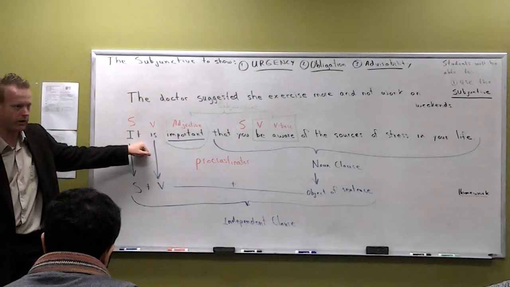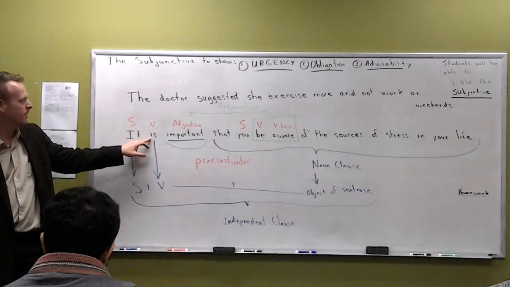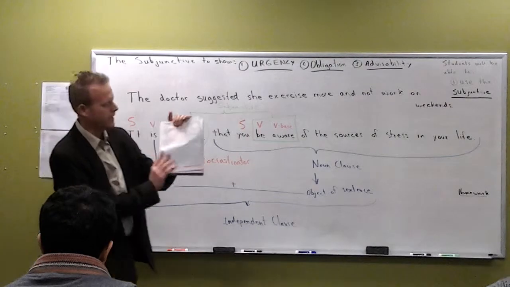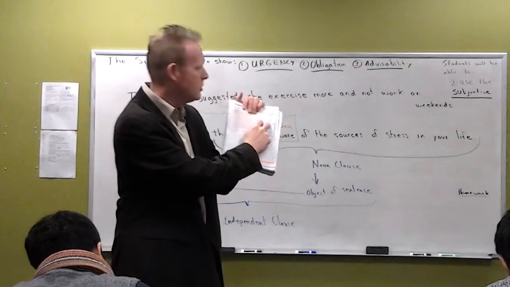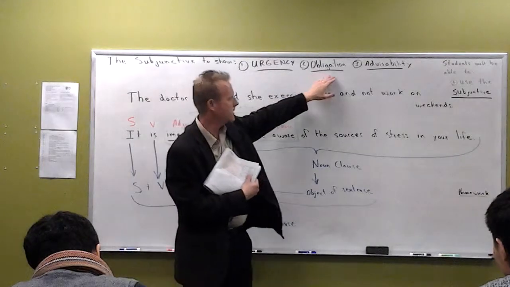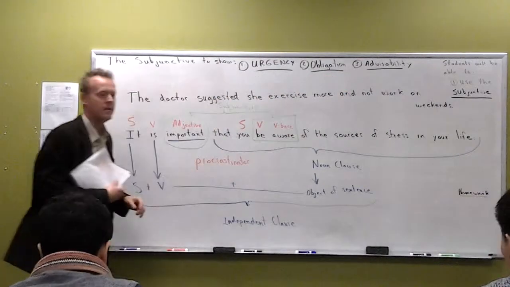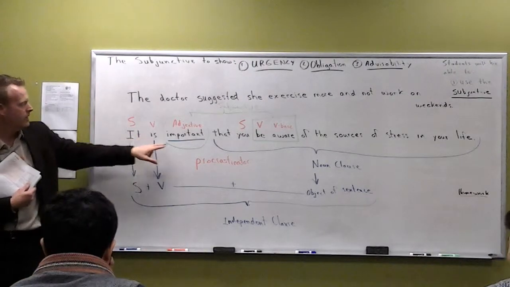If I use a subject and then a be verb, then I'm going to use an adjective. And if you look on the page right here, there's a list of adjectives that are used to express urgency, obligation, or advisability.